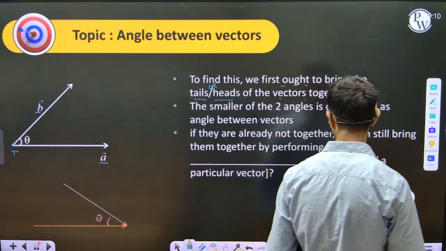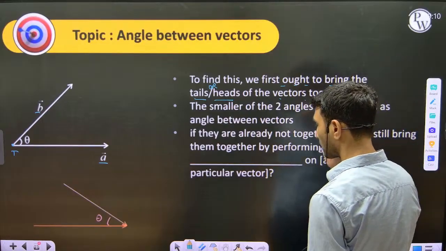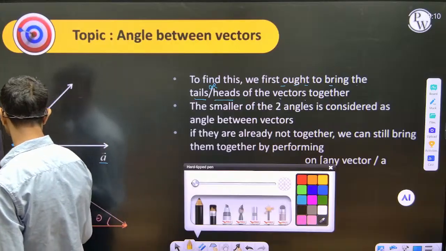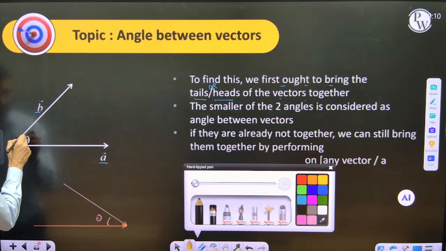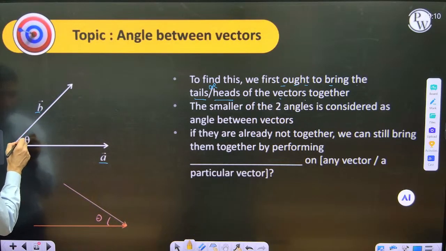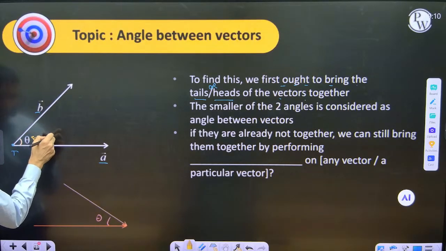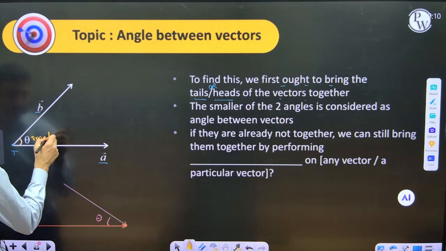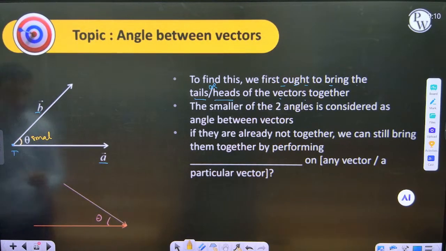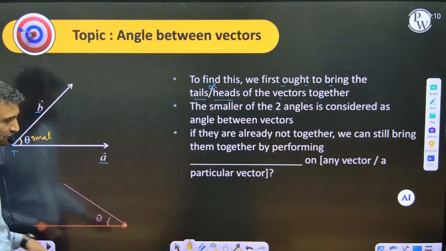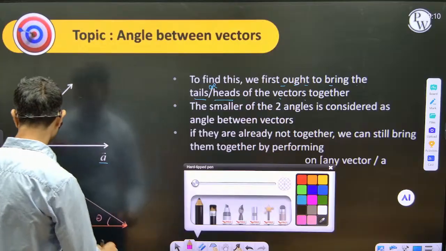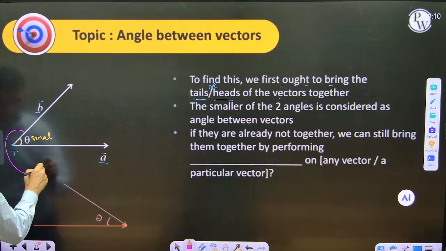And the smaller of the two angles is considered as the angle between the vectors. So this is the smaller angle, right? This is a smaller angle. I'll show you which is the big angle. There are two angles formed. One is the small angle and the other is the big angle, and this is the big angle.